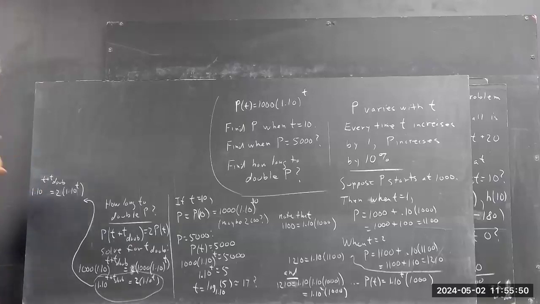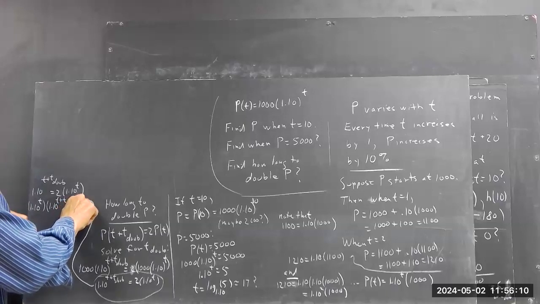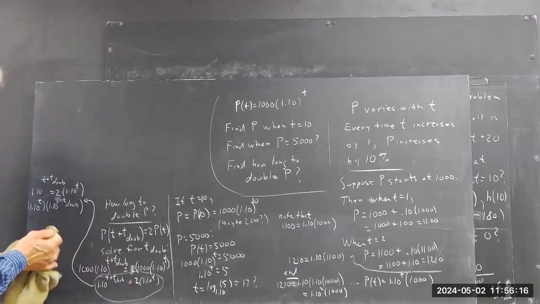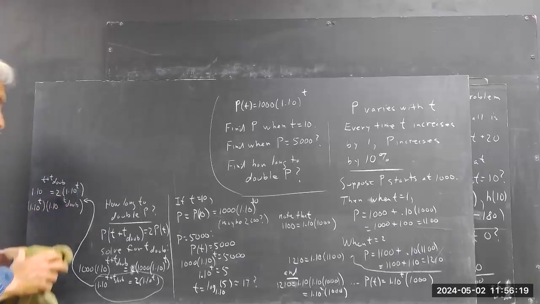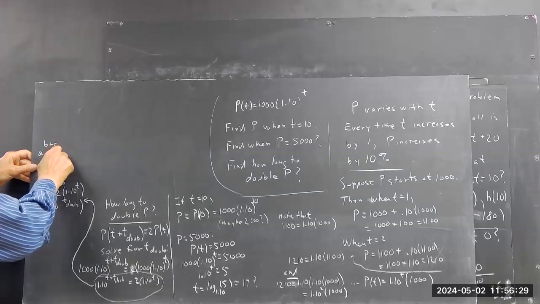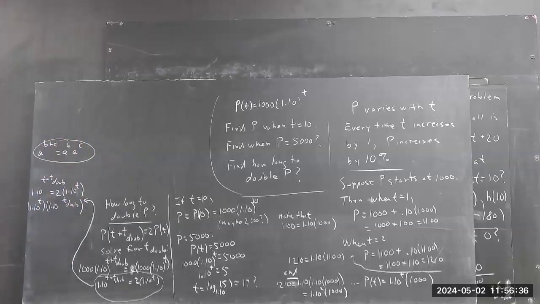The other that might be a little more obvious is that 1.10 to the T plus T dub is... A to the B plus C equals A to the B times A to the C. This is a rule of exponents people tend to lose track of.